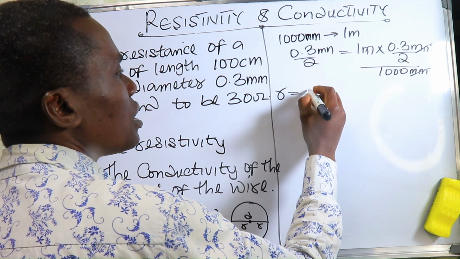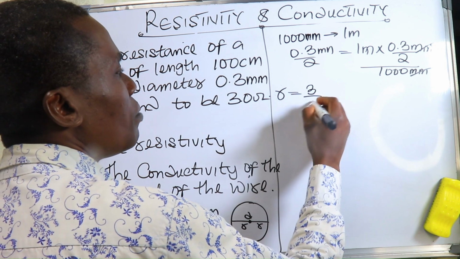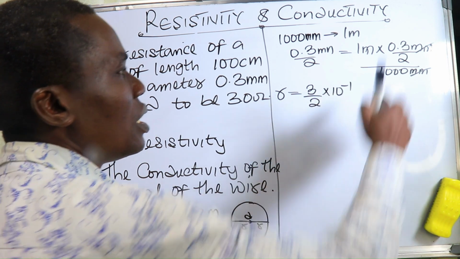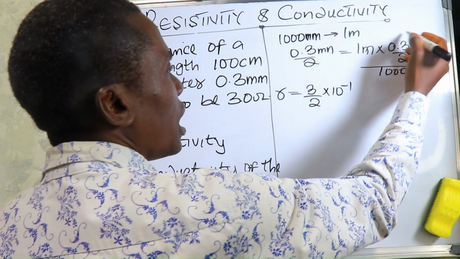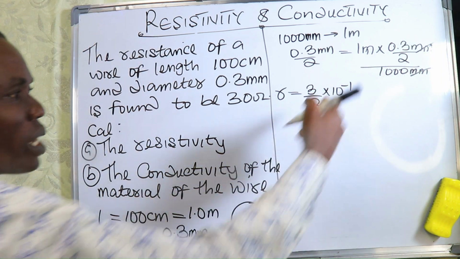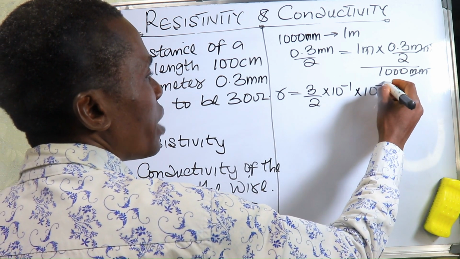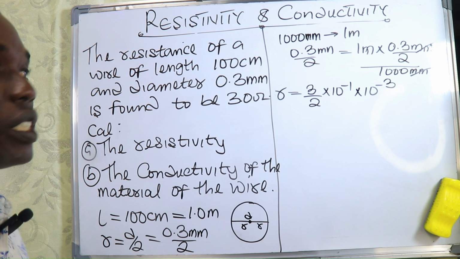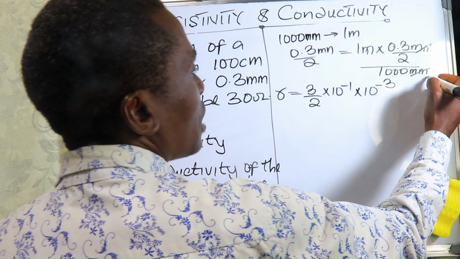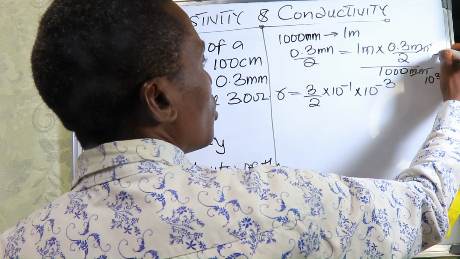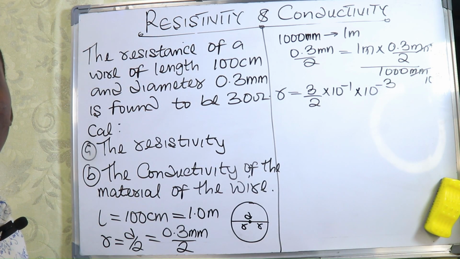This will give us 3 divided by 2 times 10 to the power of minus 1. Remember, if you take the point here, it will give you negative 1, and that will multiply 10 to the power of minus 3. This one is 1000, that is 10 to the power of 3; when it goes up, it becomes minus 3.